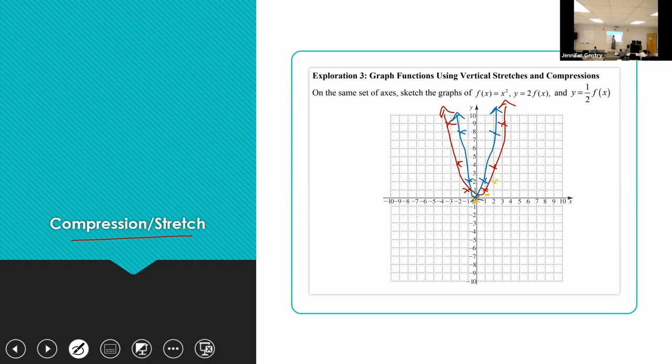What is 1/2 of 9? Like 4.5, so 3. What did that do? It took it and stretched it out, right? It opened it up. Does that make sense?